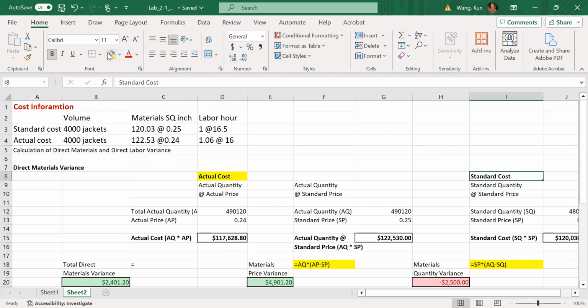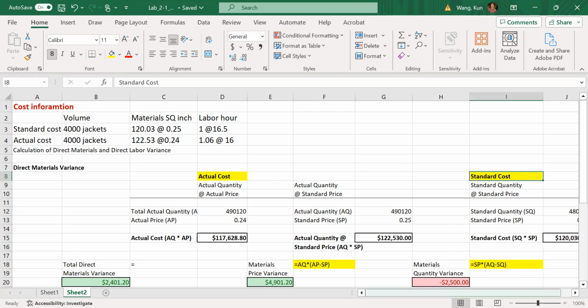So that's the very left, the actual cost. Then on the right, I will go to the middle item after you finish this. So standard cost on the right is the calculation for the same 4,000 jackets, but we are using the standard quantity per jacket and also the standard price per square feet of the material.